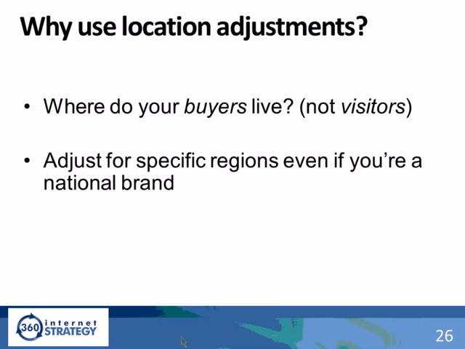Part of that is looking at your data over time. If you have a site that people can access nationwide, you get visitors, but you really want to know who the converters are. You might want to adjust for specific regions. Even if you're a national brand, maybe New York is great business for you and California is not. So you want to decide which ones to add or exclude, or where to put more money into.